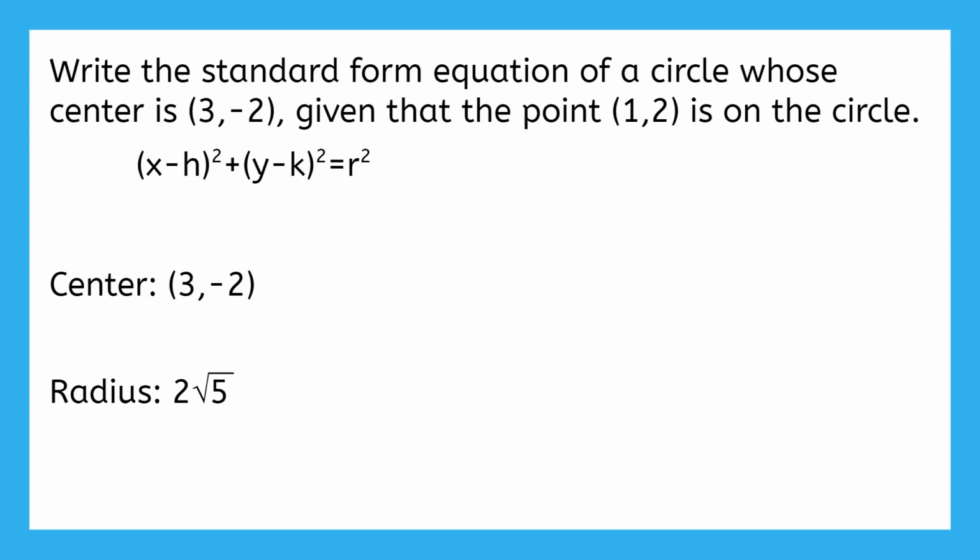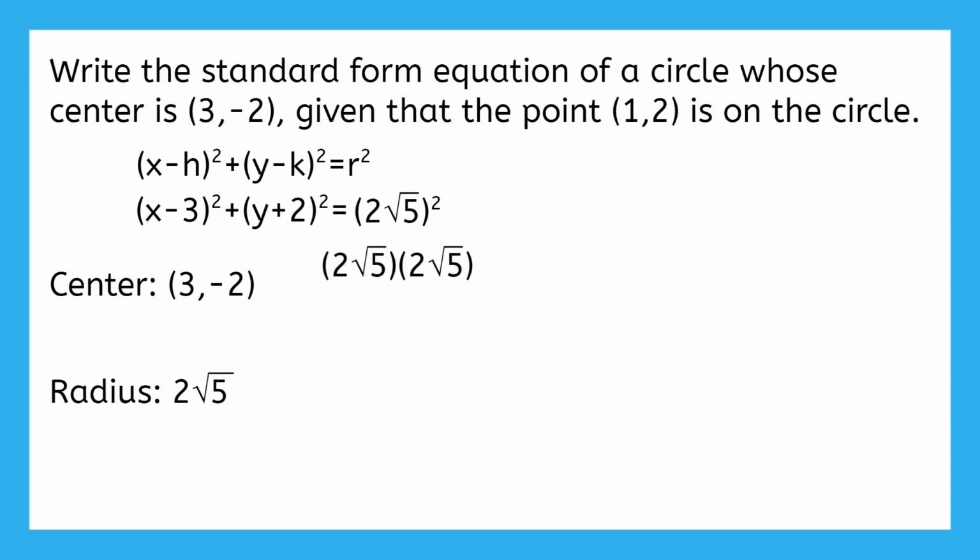Since the center is 3, -2, we can fill in h and k in the equation, simplifying the y minus k expression to get y plus 2 squared. Then I'll fill in my radius, so r squared becomes 2 root 5 squared. This is a little tricky. Squaring 2 root 5 means doing 2 root 5 times 2 root 5. 2 times 2 makes 4, and root 5 times root 5 makes 5.